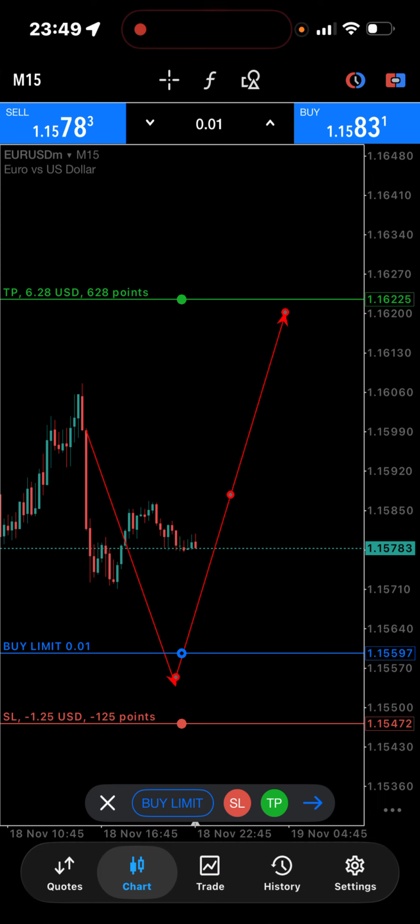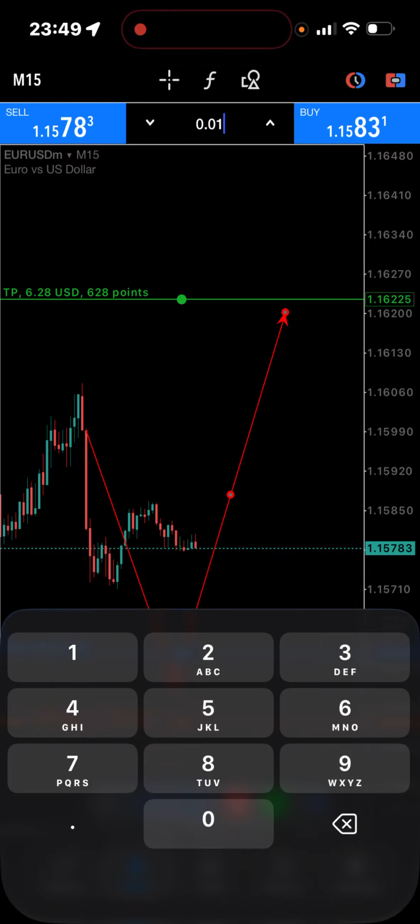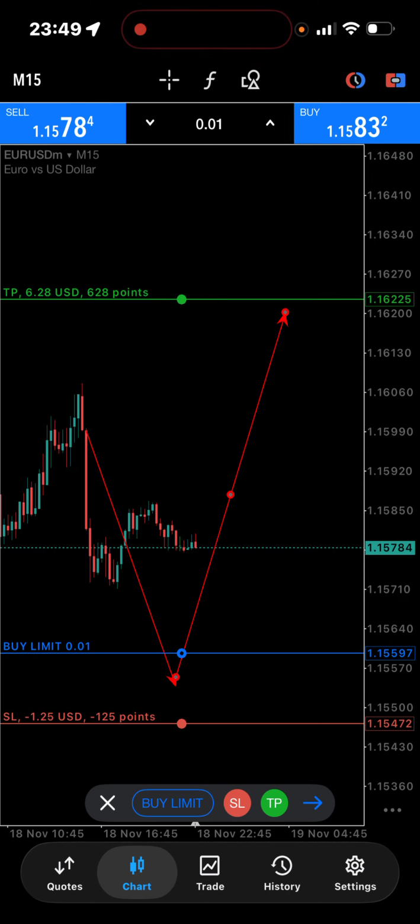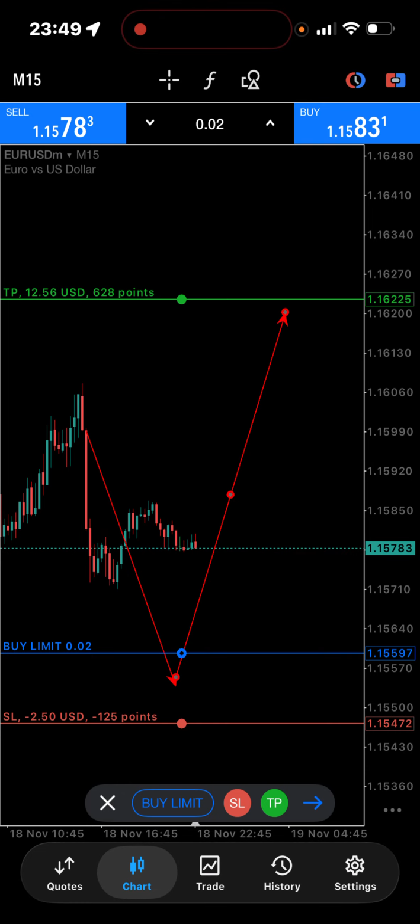Now when you place it here, you decide how much you want to risk for that kind of SL by changing your lot size here. So you come here, 0.01 gives you a $1 loss for that stop loss. Let's say you have a $10 account, that's okay. If you choose 0.02, that gives you a $2.5 loss.